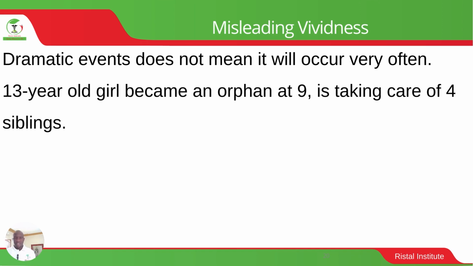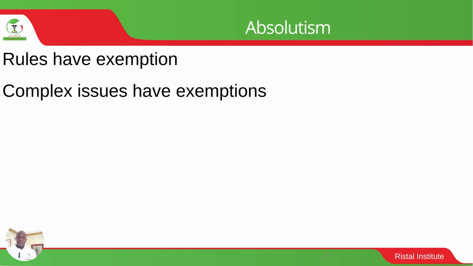That is not a very good situation. But that could be one in a million. So situations like that can be dramatic, and they can be misleading if you imply that the whole population is just like that.